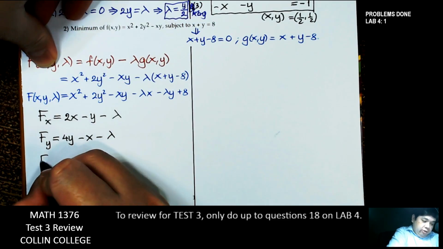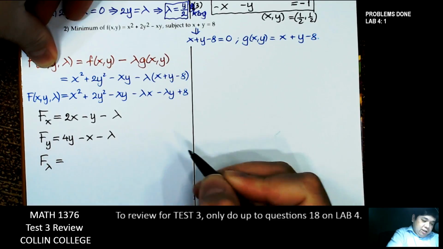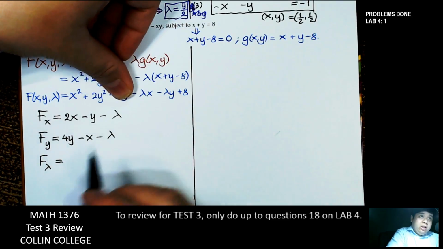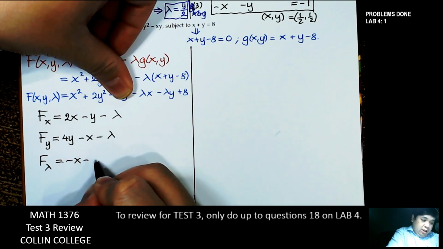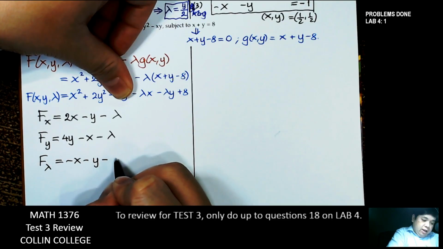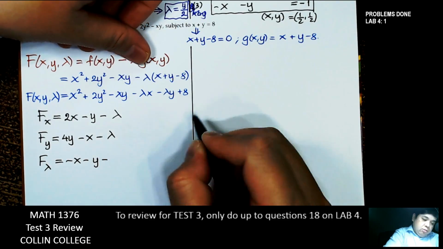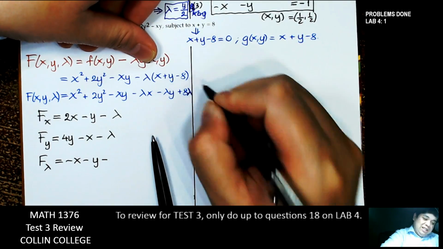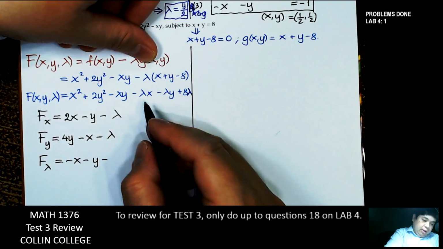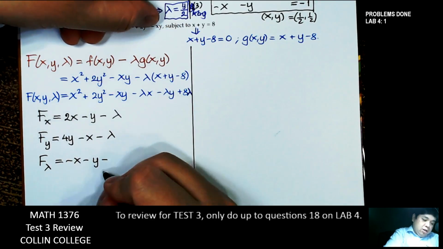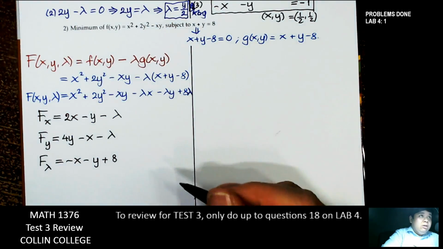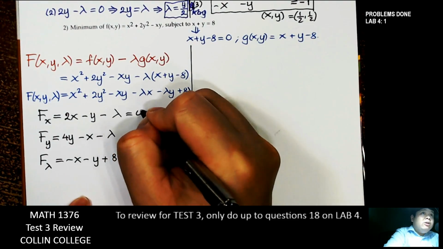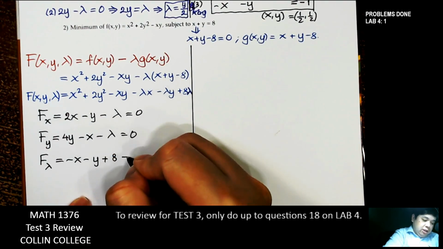And then we take the derivative with respect to lambda, which will be negative x, negative y, and plus 8. I forgot the lambda here, sorry. Minus x minus y plus 8. All right, equal to 0, equal to 0, equal to 0.